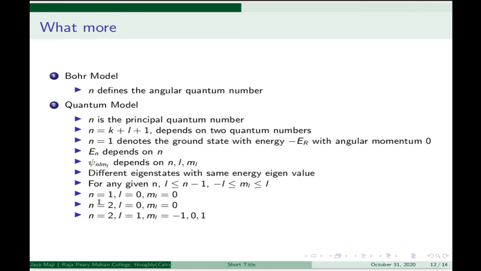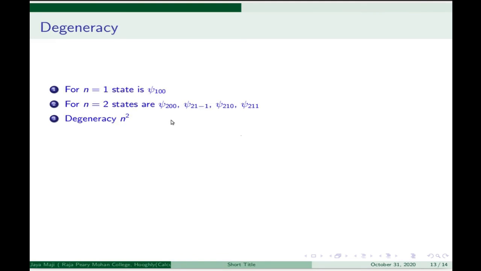So therefore for n equals 2 we will have 4 total eigenstates. So for n equals 1 the number of states is 1. For n equals 2 the number of degenerate states is 4, and for the nth level the number of degenerate states is n square.